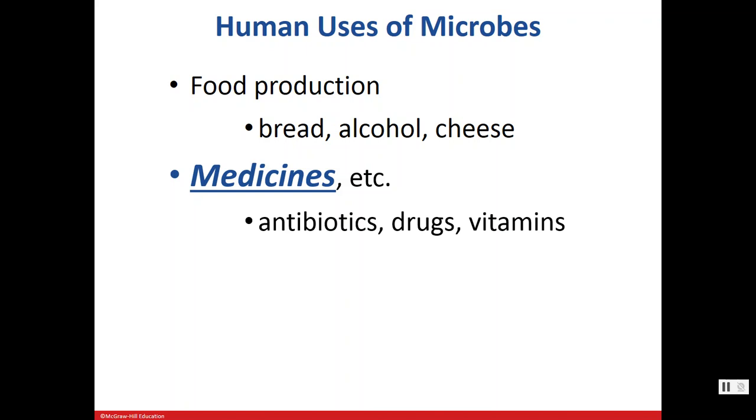Most antibiotics come from either fungi or bacteria that live in the soil. We have made medications out of bacterial byproducts. Vitamins are essentially bacterial byproducts. If you take a multivitamin, you're taking purified bacterial byproducts that are probably grown in a giant vat and purified into those supplements.